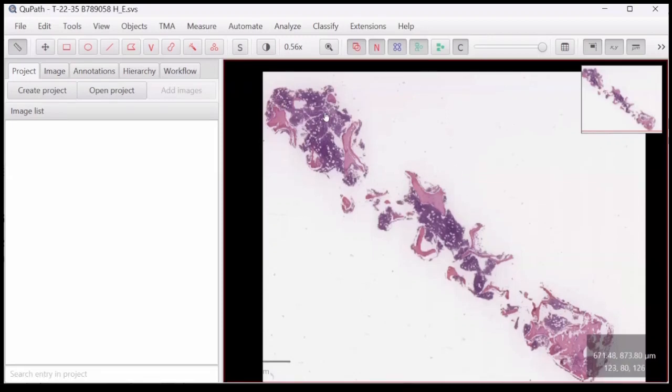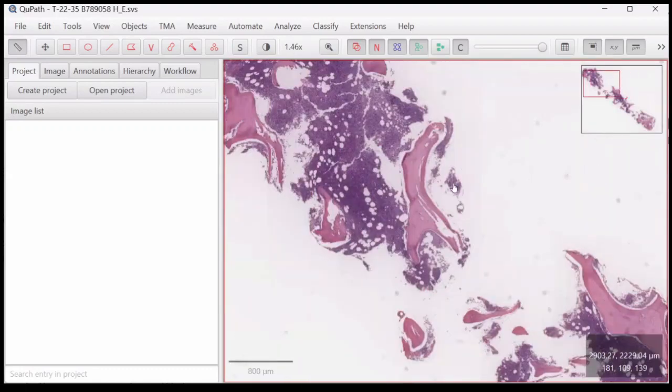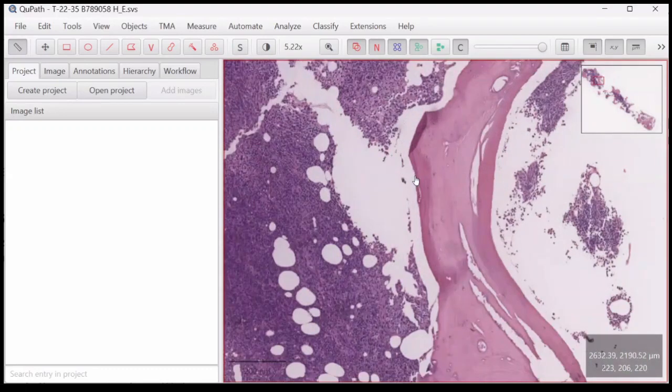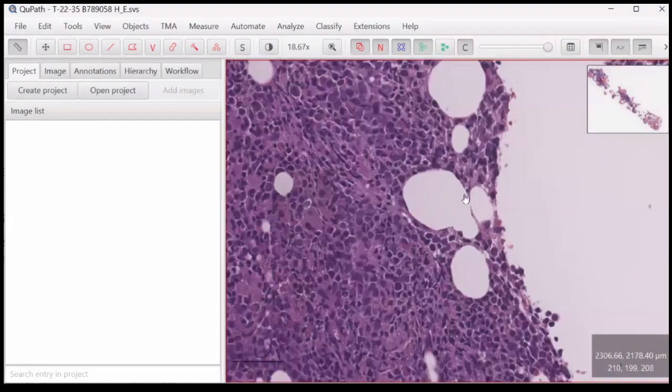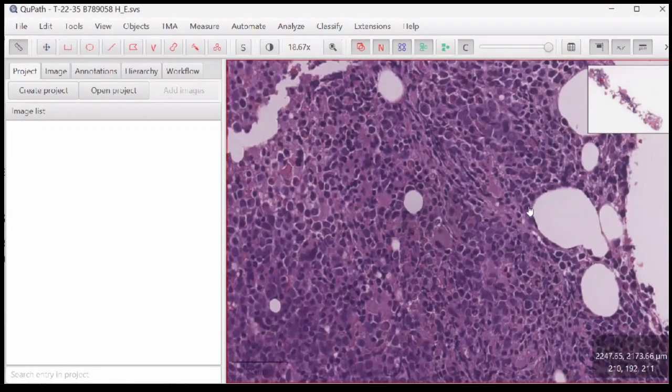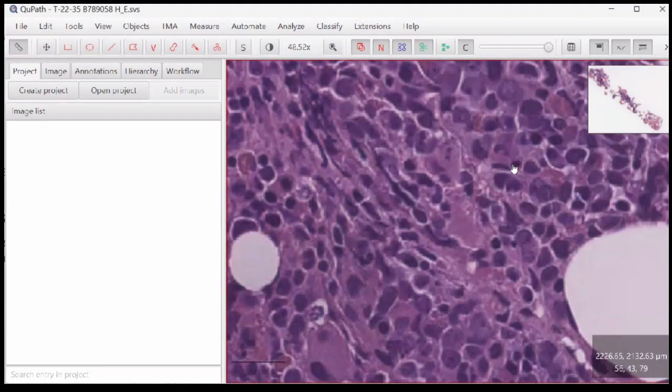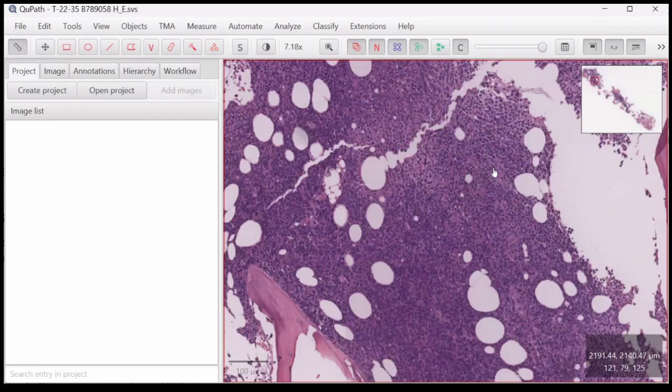You get here very few marrow spaces, but they are hypercellular even for his age. And if you go further on higher magnification, okay, this is despite after receiving chemo, isn't it, Dr. Razan?